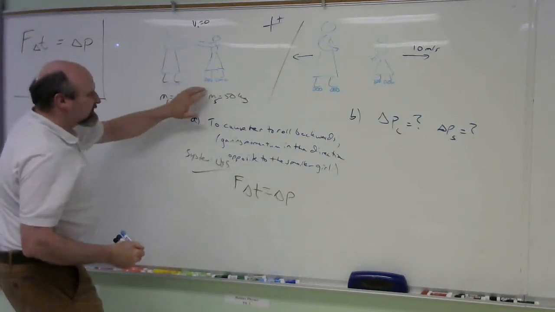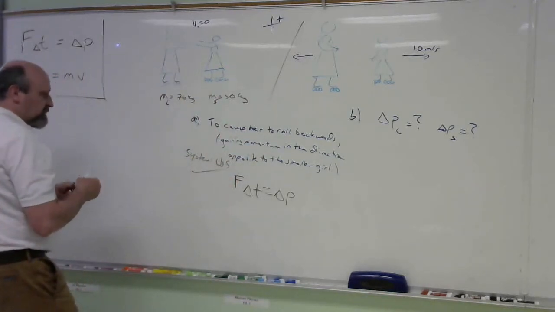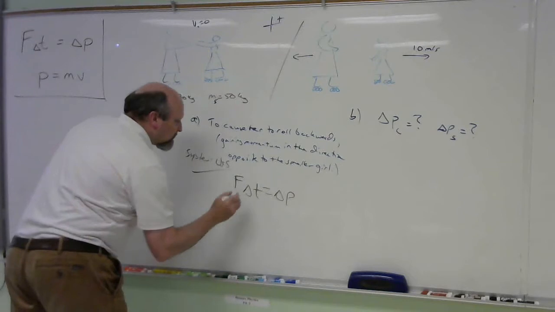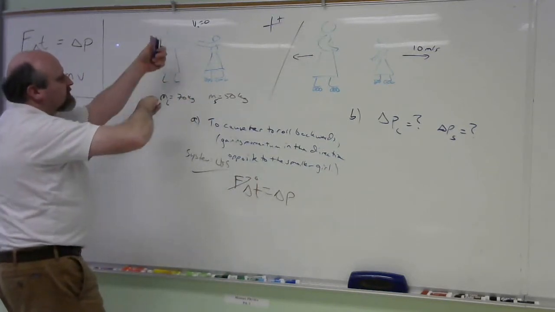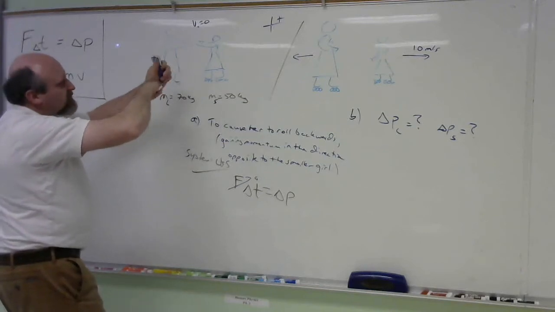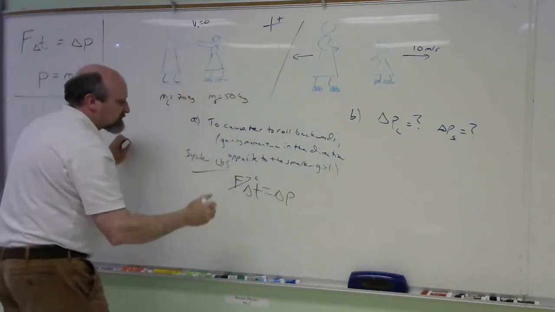I'm assuming these inline skates are essentially frictionless, really low friction, small enough we can neglect it, so I'm not going to have any outside horizontal force. Gravity will pull down and the street will push up, but those forces are balanced out anyway, so total force is 0. But most importantly, they're not pushing sideways, so they don't affect the sideways momentum.